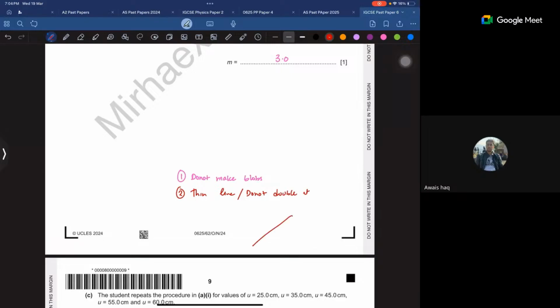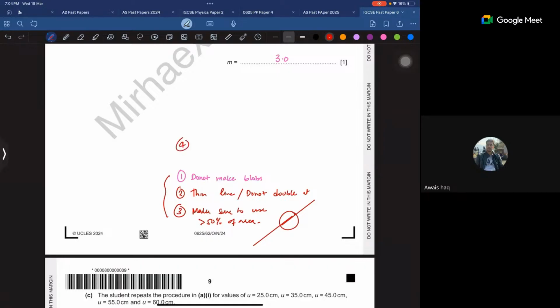Sometimes you don't have a big ruler, so you do it and then you try to make it this way. This is a double line, so that's not allowed. Third, make sure to use greater than 50% of the area. All right. So these are the few things.